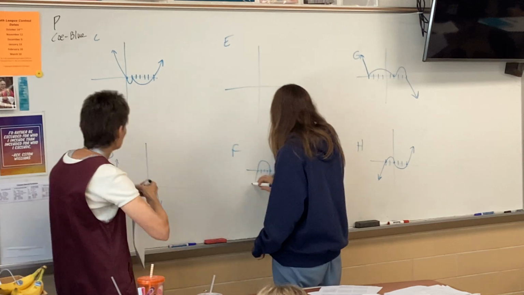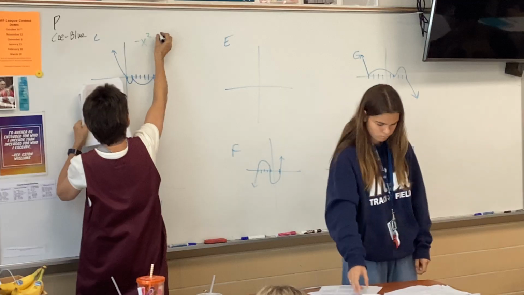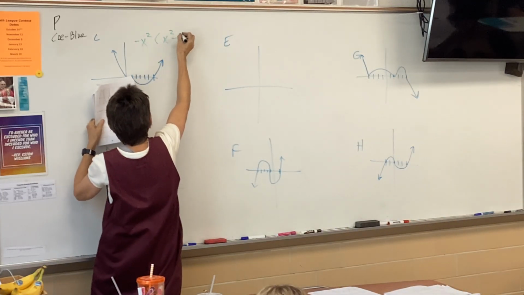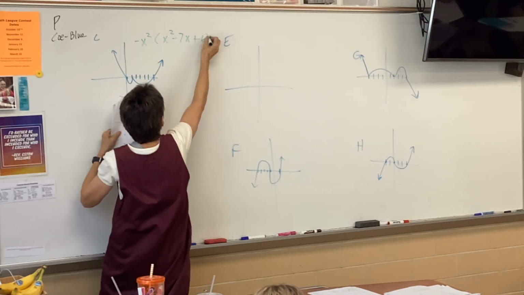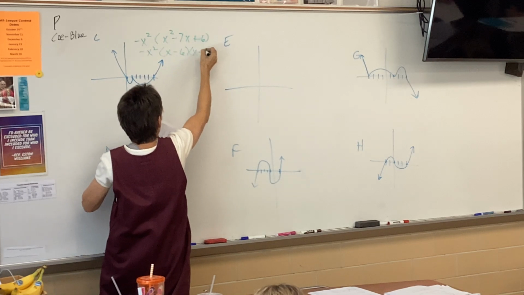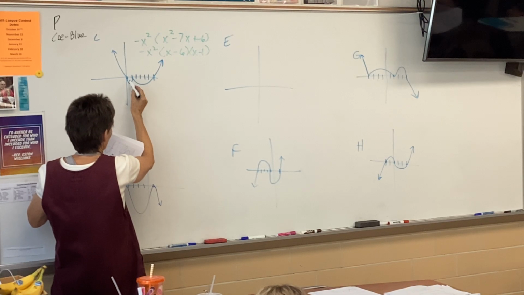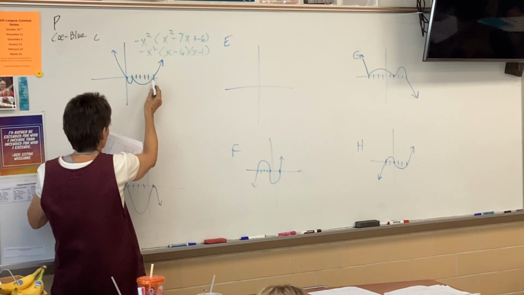So for C here, you had to factor it. So did everybody get that factored? So that's why we have zeros at 0, 1, and 6.